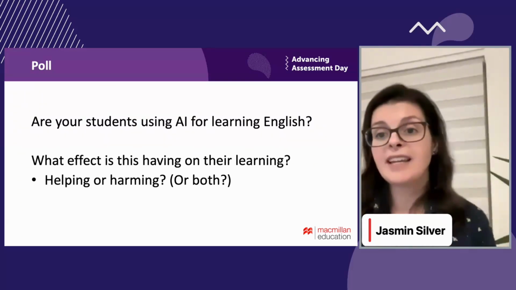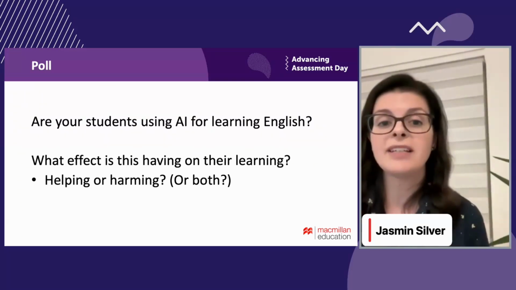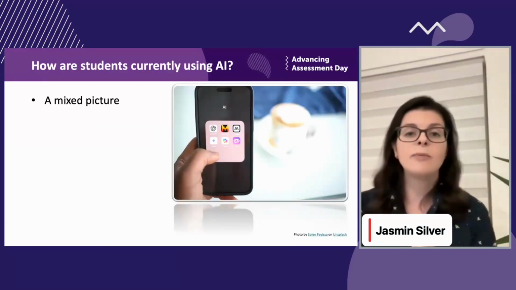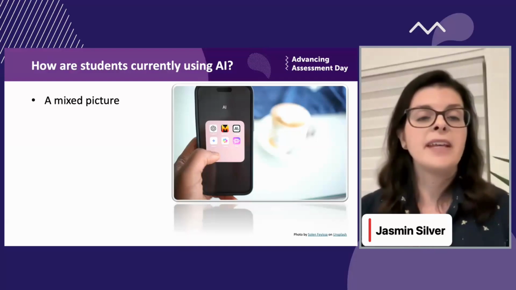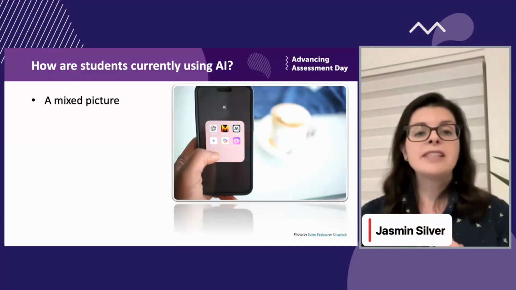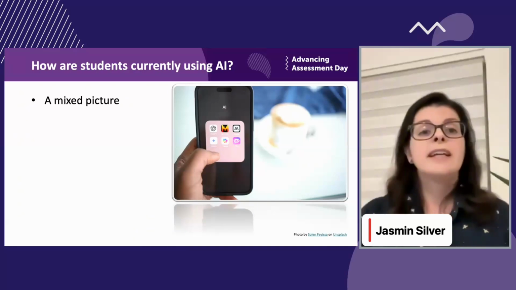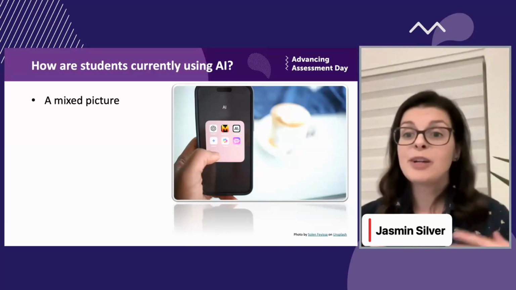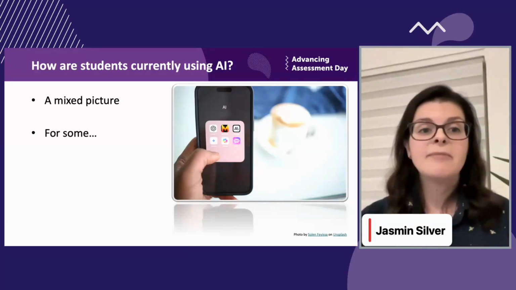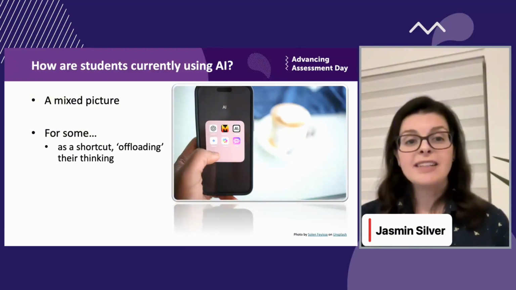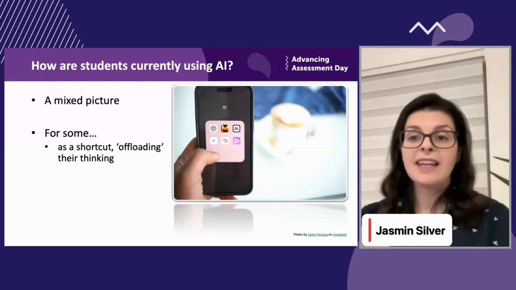Because what you're saying in this poll is very similar to research you see more broadly. I'll just quickly outline what we're seeing more generally. So students are using AI a lot, as I say, from secondary upwards. And there's a real mixed picture. So some are really getting a lot out of it, but for some, they might be using it as a shortcut to offload their thinking.